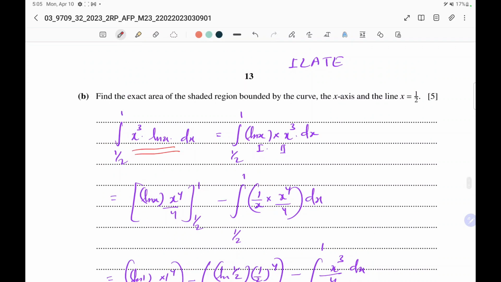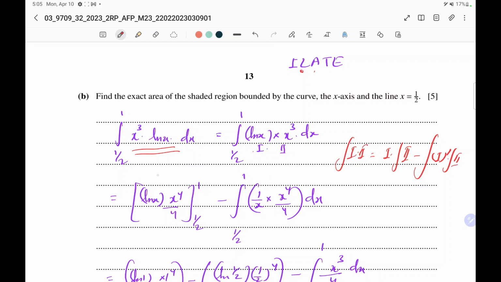So x cube ln x: according to ILATE, algebra should be first and log should be second. So ln x first and algebra, which is x cube, second. You know that when you need to integrate this by parts, first you write this, then integrate the second, minus big integration of first differentiation and second integration.